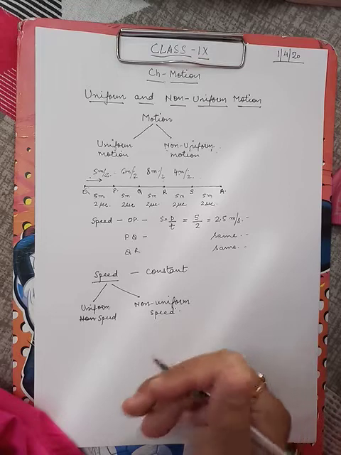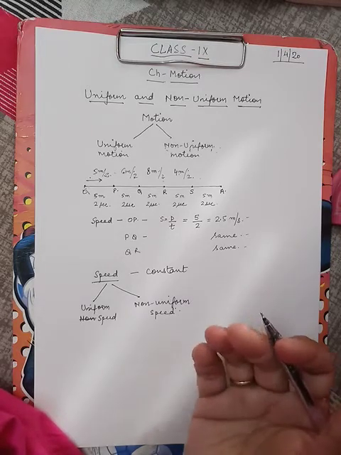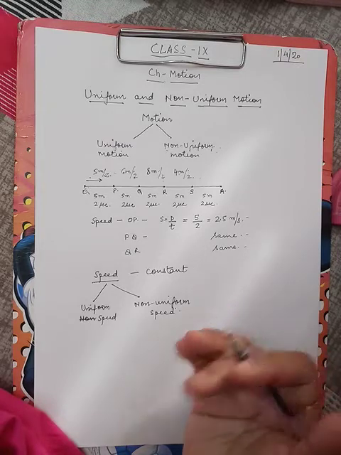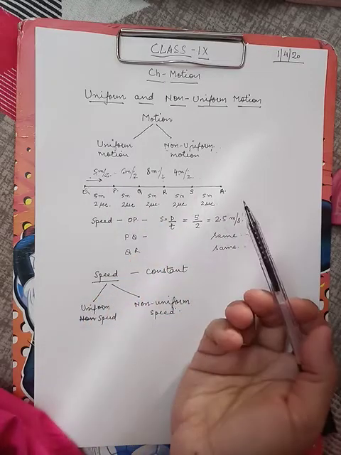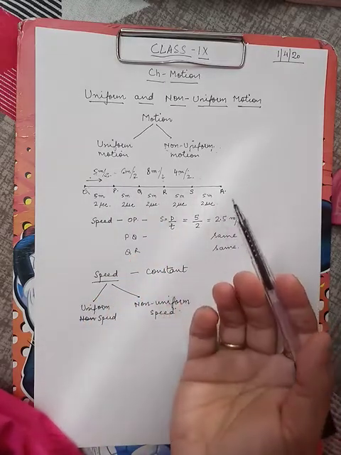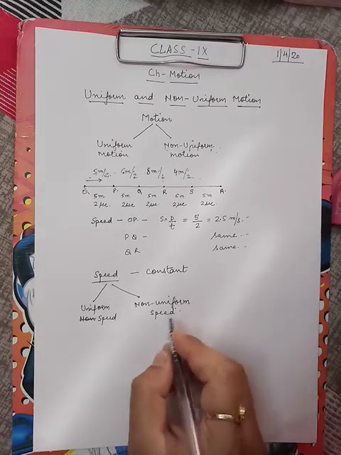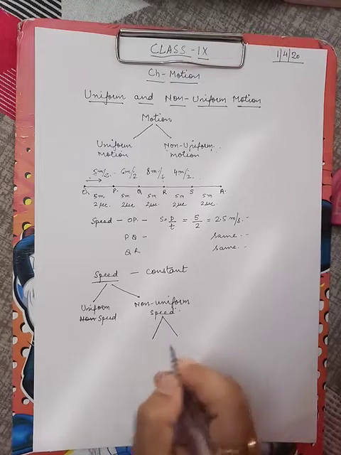So if we have different values of speed, we can find one average speed, that means the average of all these values, and we can always find one average speed, right? So in this case, we can say we have two types again.